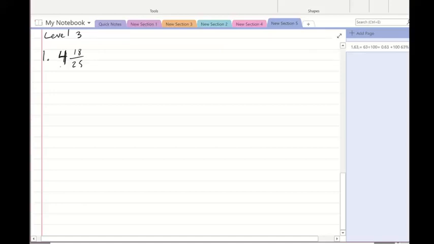The reason it's mixed is because you have a whole number and you have a fraction, right? So we have to convert this to an improper fraction. Improper fraction meaning the numerator is greater than the denominator. That's what an improper fraction is. Right, so just to reiterate, a proper fraction would be something like 2/7, right?